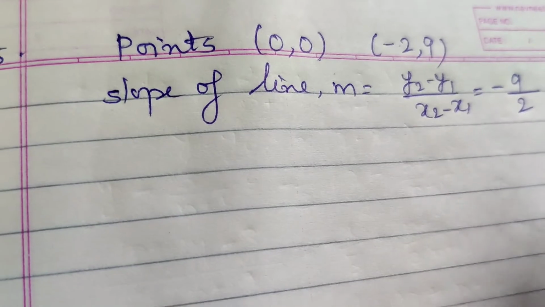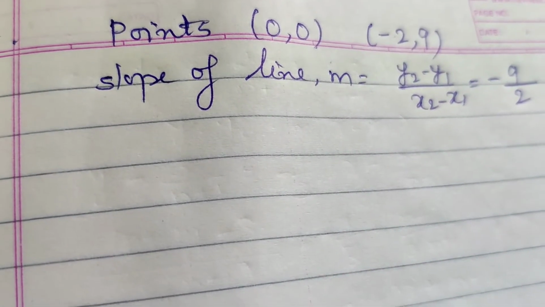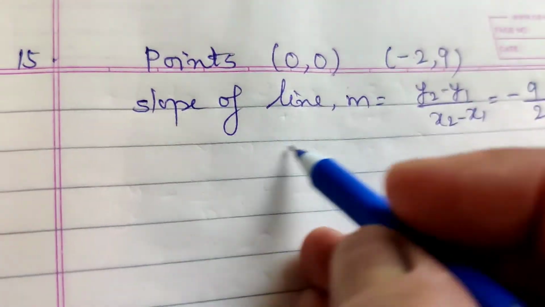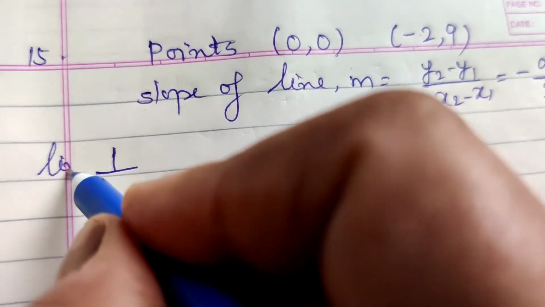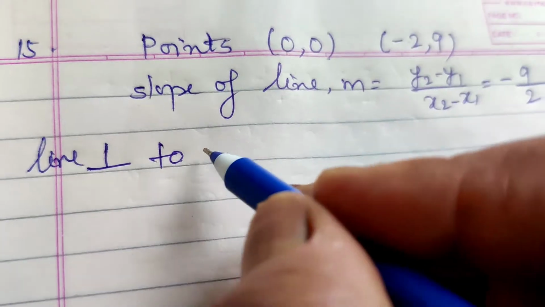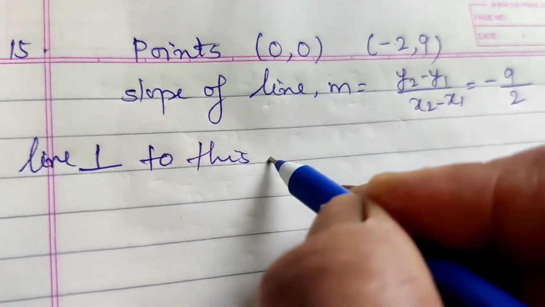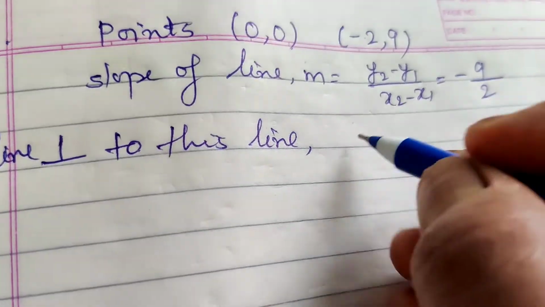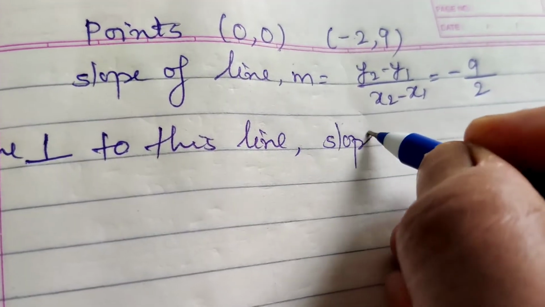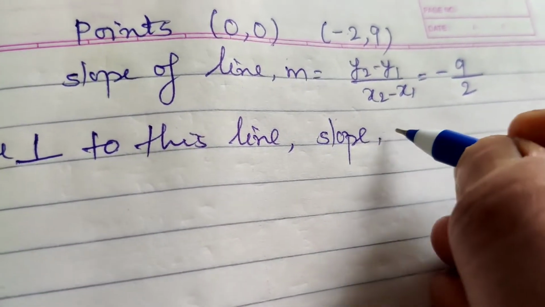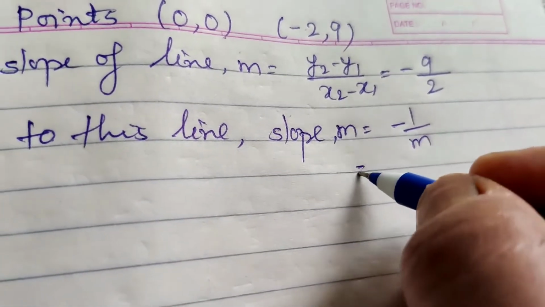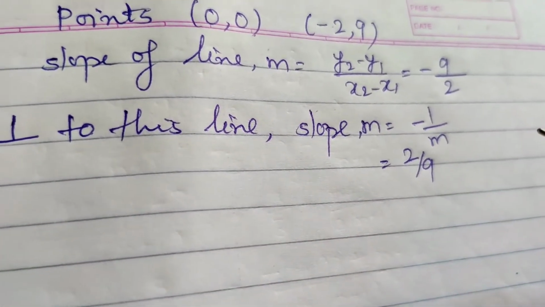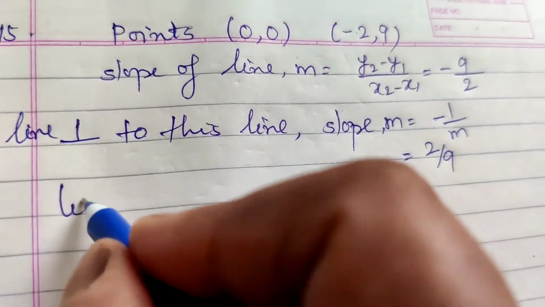But we know that for non-vertical lines perpendicular to each other, the slope of the perpendicular line is m equals minus 1 upon m, that is, 2 by 9. The line passes through the point.